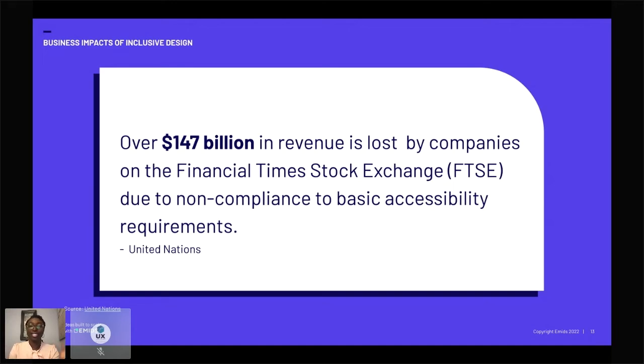And I'm not just saying this to call anybody out, but just to say that yes, it's good to account for risk and threats in the product life cycle, but also looking at accessibility as a good investment is something that we should bear in mind, because there's a huge return in investing in accessibility and inclusive design.